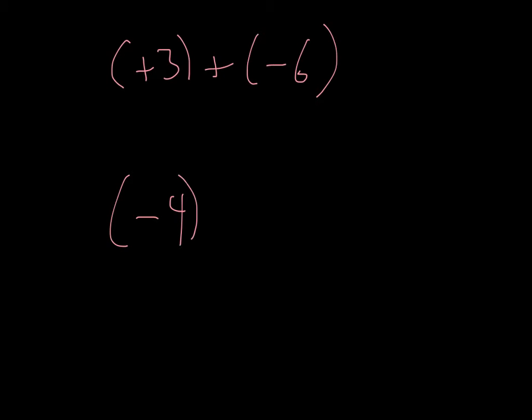Let's try +3 plus -6, and let's try -4 plus +5. So try that out with the person next to you, see how it goes. Pause this video while you do it, and then after you think you've given it a shot, hit play and I'll show you what I was doing.